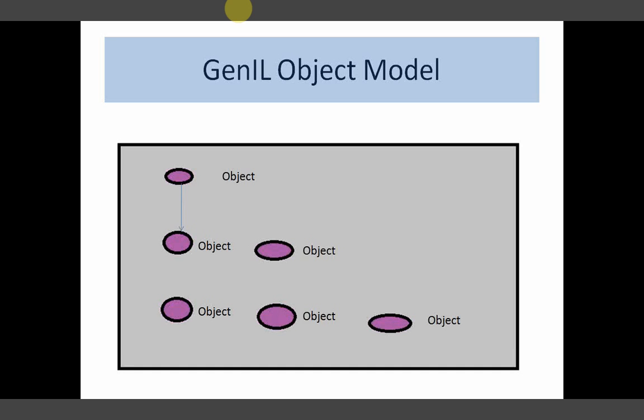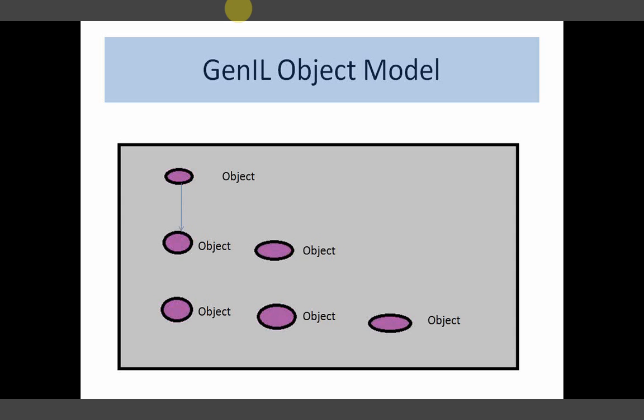So how is the object model defined? I have built these screens to give a little bit of an idea of what a Genil object model is. A Genil object model contains a group of objects. Each object contains, for example, a work area or a structure which contains a set of attributes, different data types.